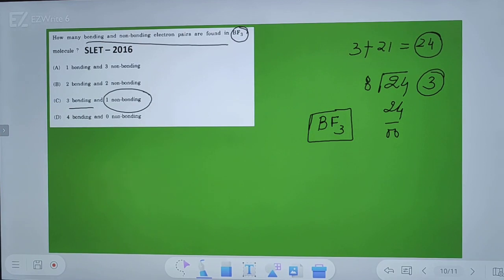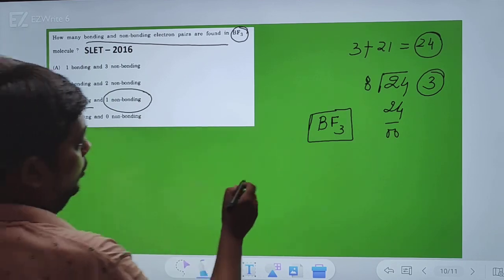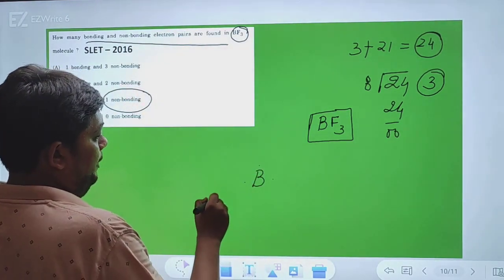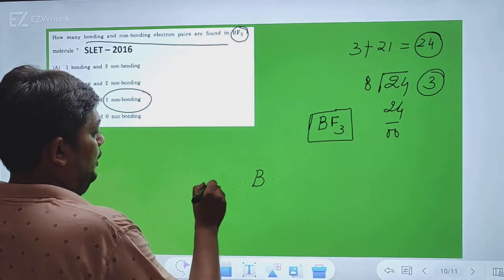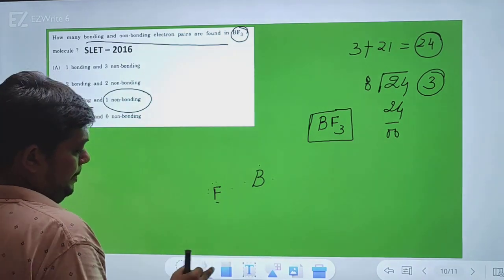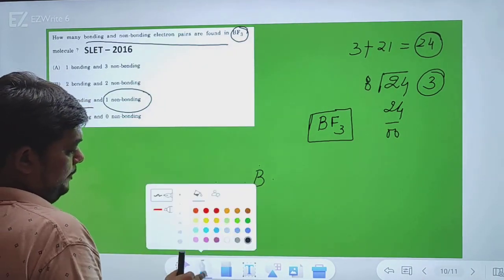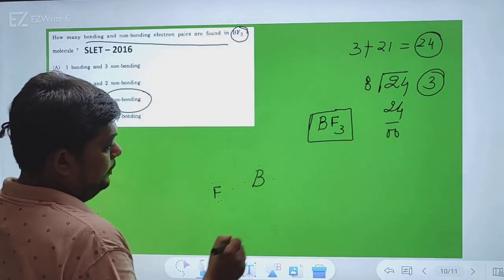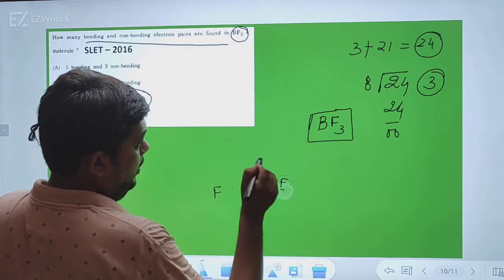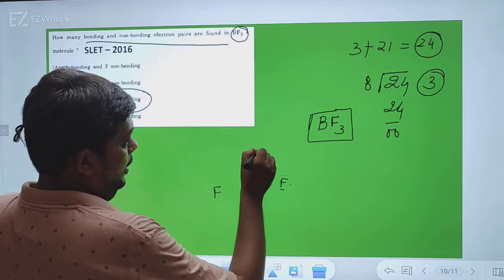So how many bonding and non-bonding electron pairs are found in the BF3 molecule? Let us check the Lewis structure. 1, 2, 3 fluorine. Again another fluorine, and the third one.